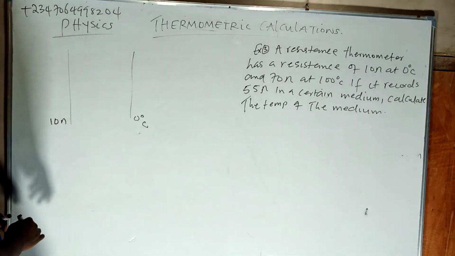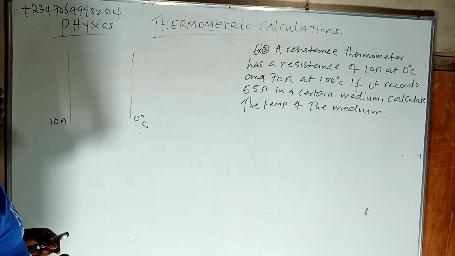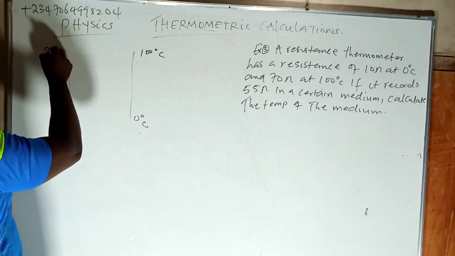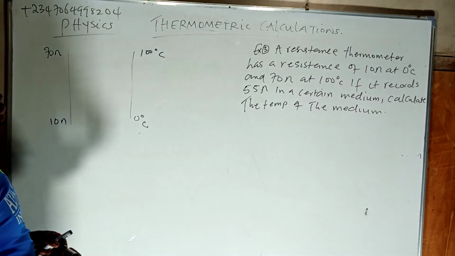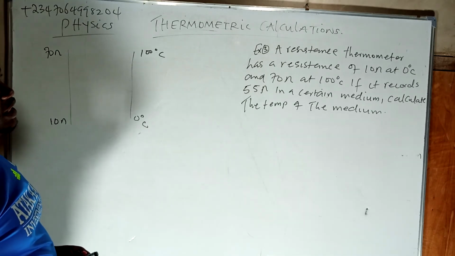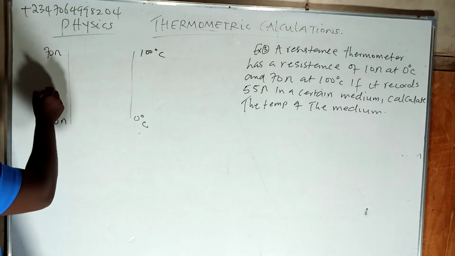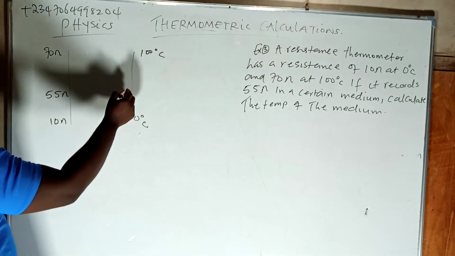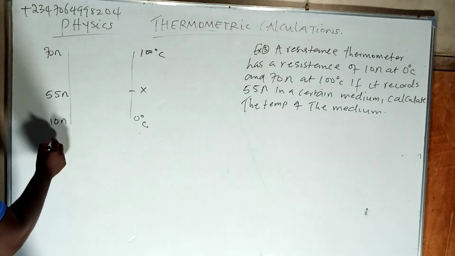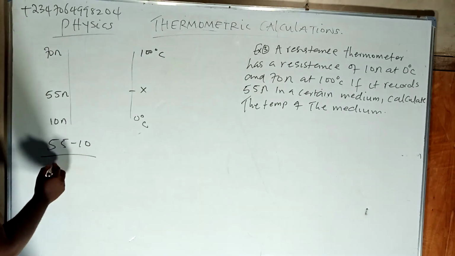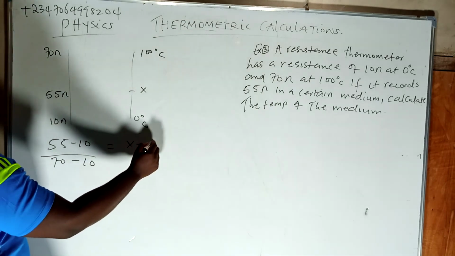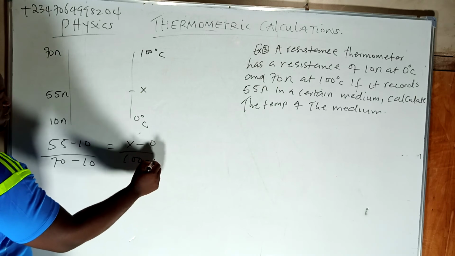At 100 degrees centigrade we have 70 ohms. If it records 55 ohms in a certain medium, calculate the temperature of the medium. That means here is 55 ohms. They want you to calculate here X. The same thing: we have 55 minus 10 all over 70 minus 10, which is equals to X minus 0 all over 100 minus 0.